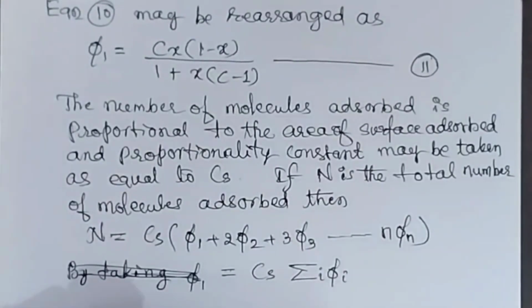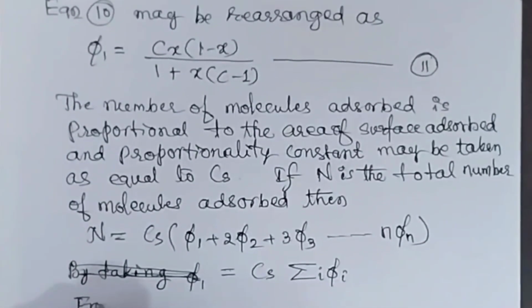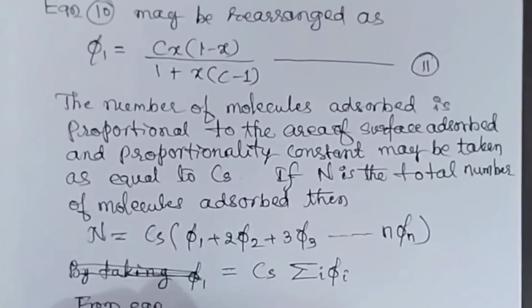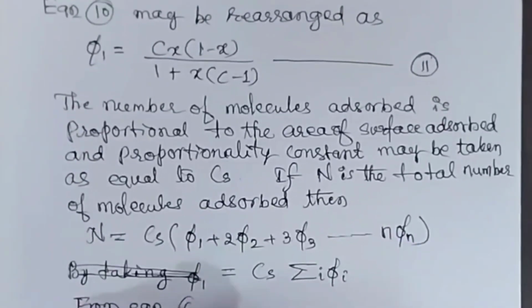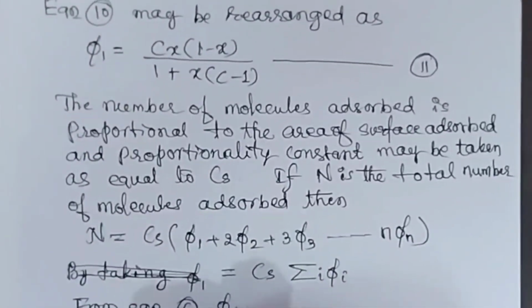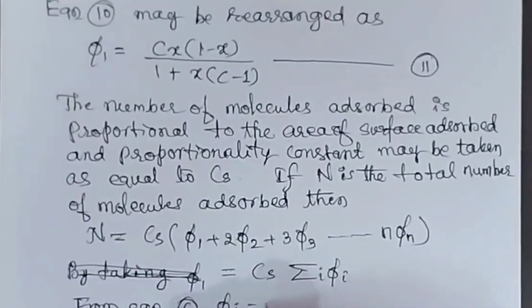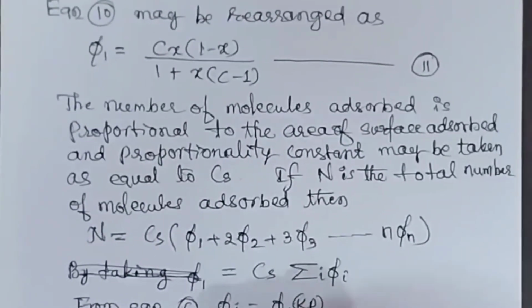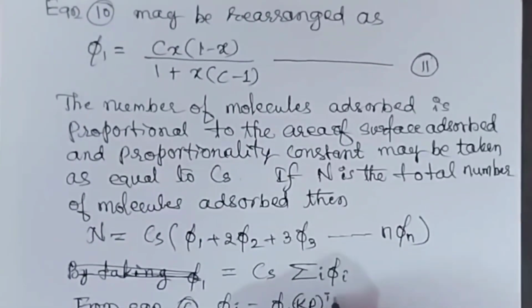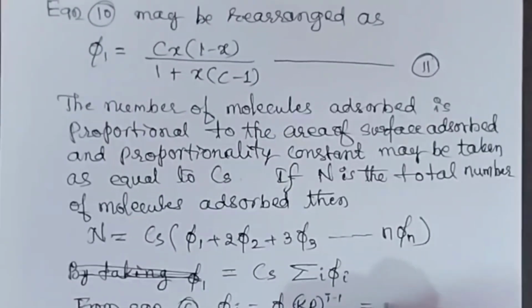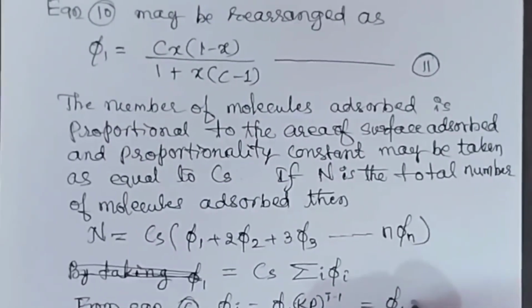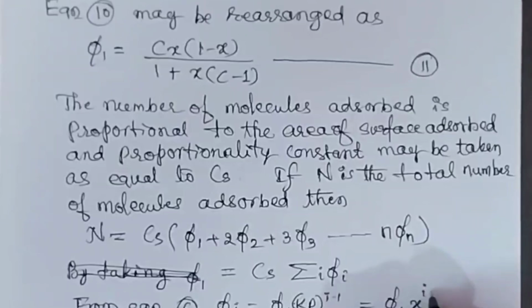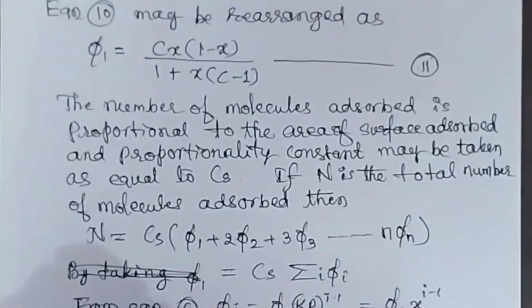From equation 6, pi I is equal to pi 1 kp raised to I minus 1, that is equal to pi 1 x raised to I minus 1.